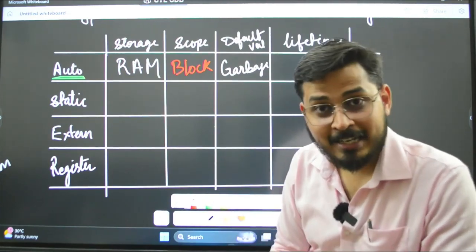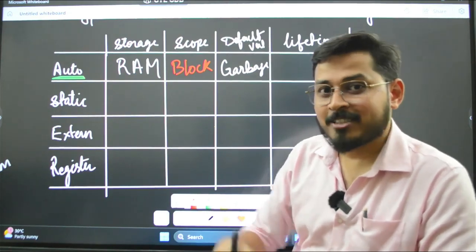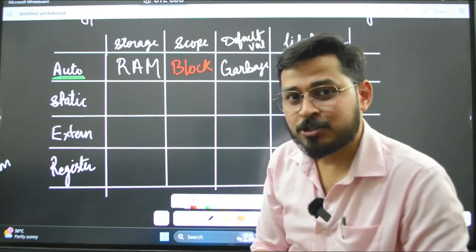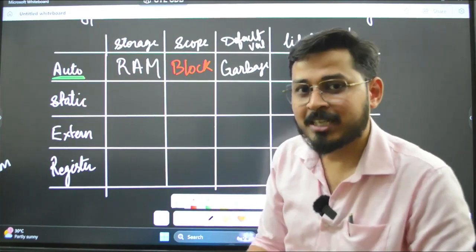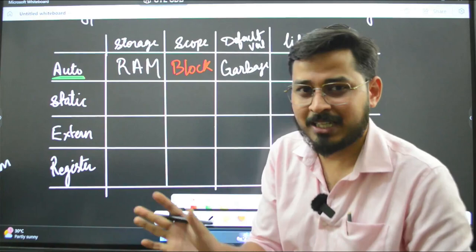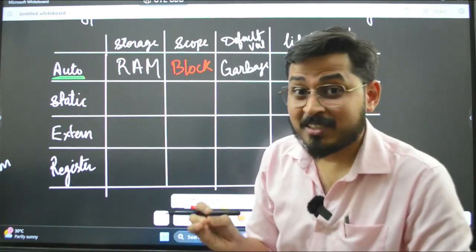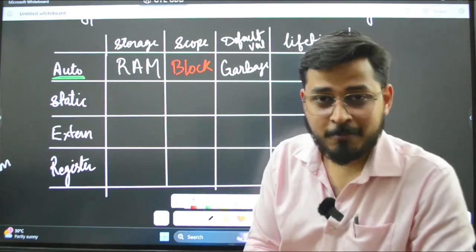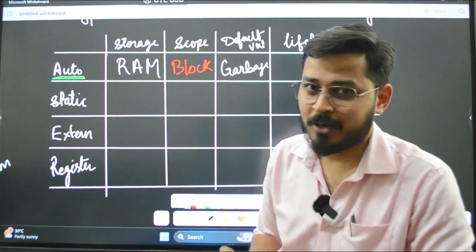What exactly is this garbage value? Garbage value is a value which is initially stored in a reserved space, an empty reserved space, just to reserve the space. For example, when you just declare a variable, specifically an auto type of variable, by default it can have a garbage value.